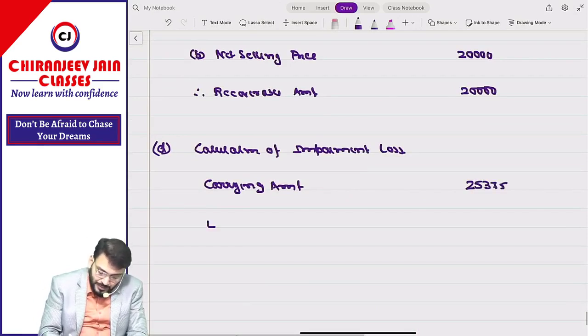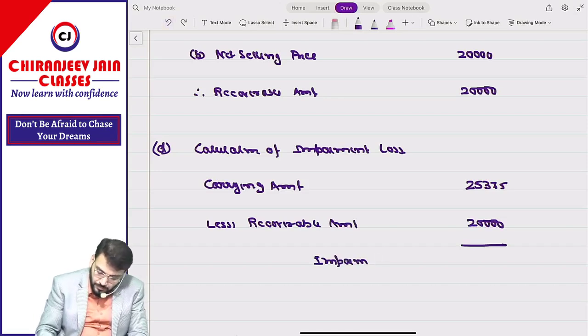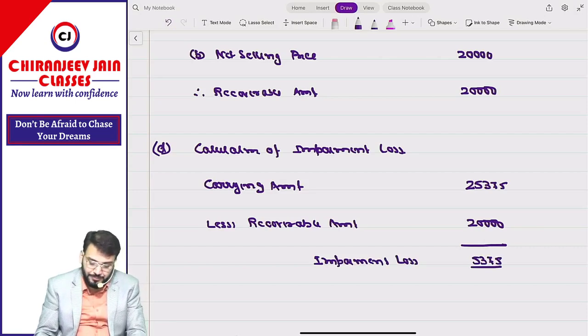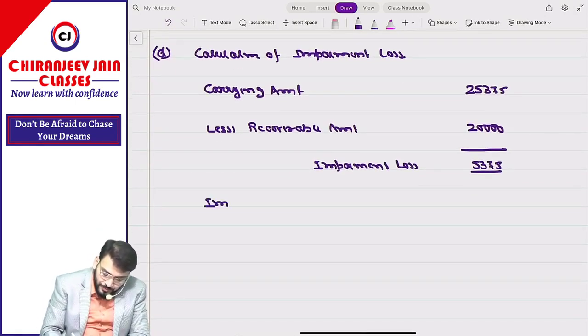Less recoverable amount, 20,000. What is the impairment loss? 5,375.